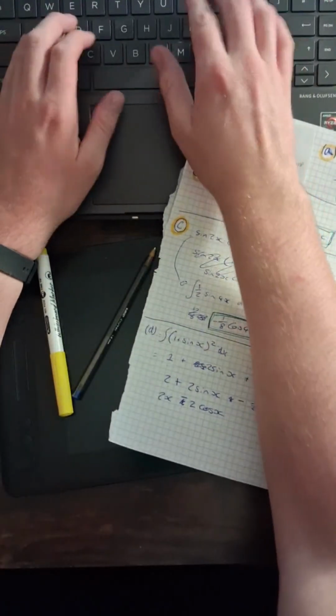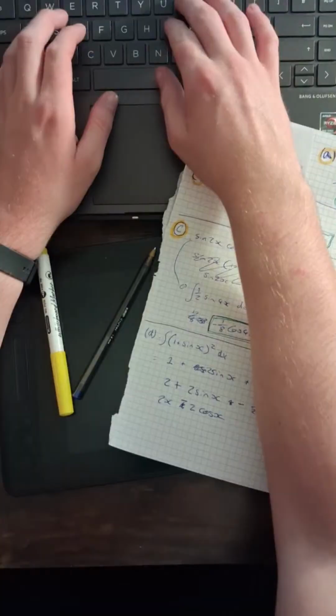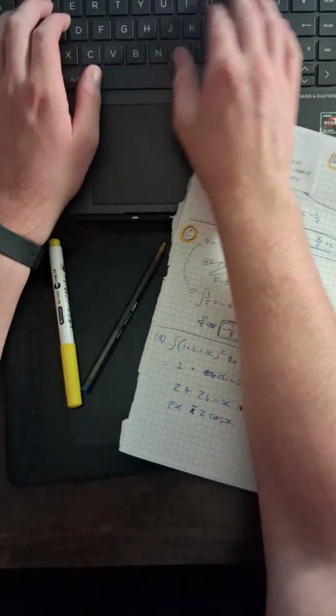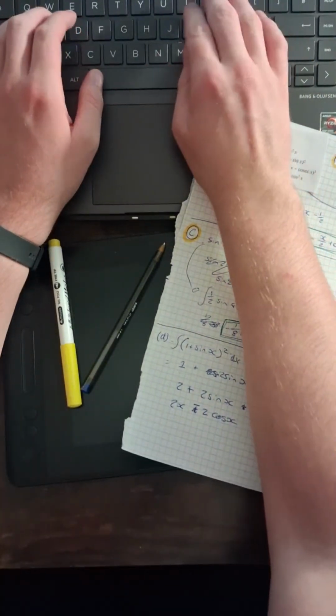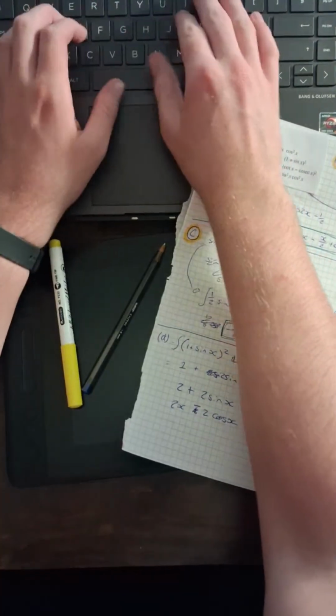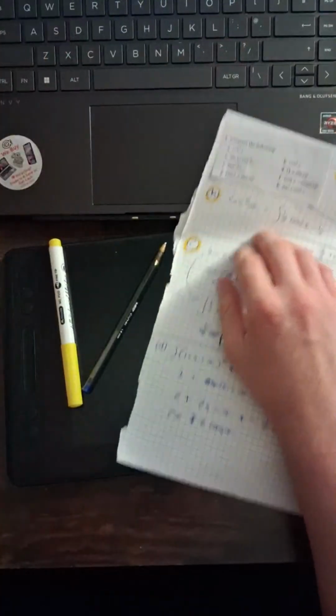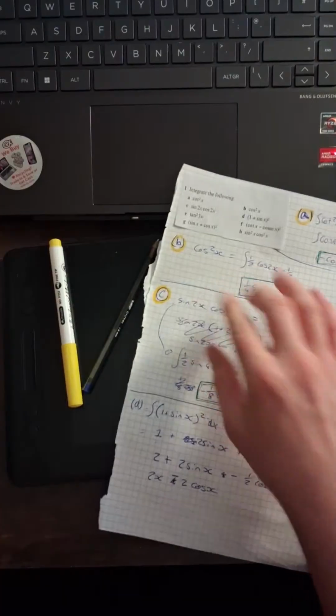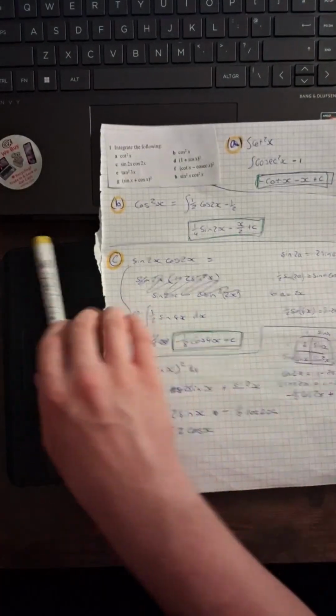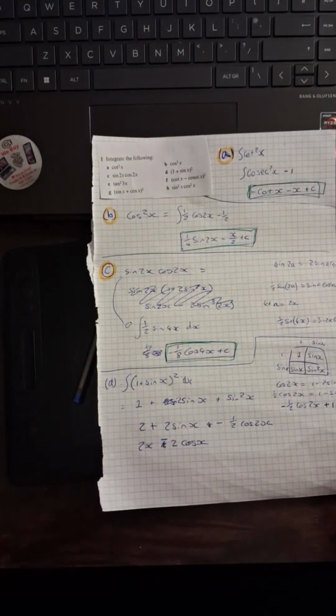Does minus cos integrated equal positive sine? Let's see what ChatGPT has to say. He says yes, but with a tiny nuance. Think of sine and cos as two dancers chasing each other around a circle. When you differentiate or integrate, they swap roles, but the sign usually flips depending on which direction you're moving.